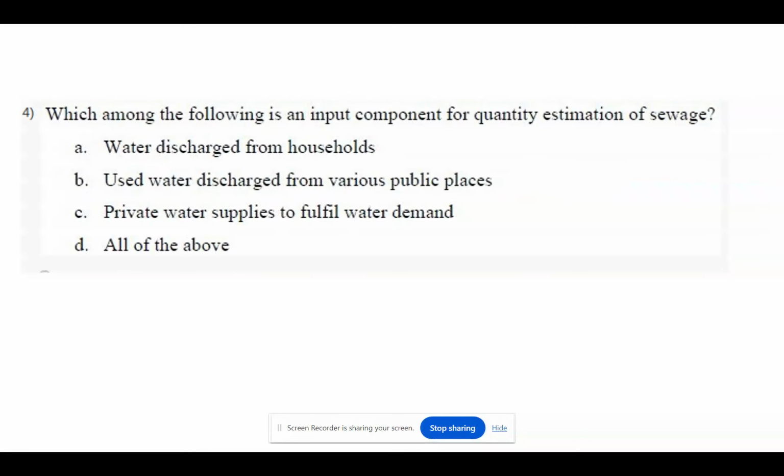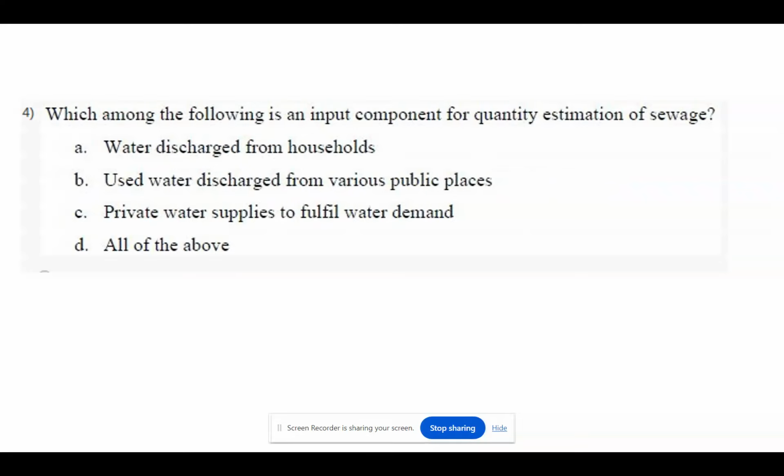So which among the following is an input component for quantity estimation of sewage? Water discharge from households, used water discharge from various public places, private water supplies to fulfill water demand.